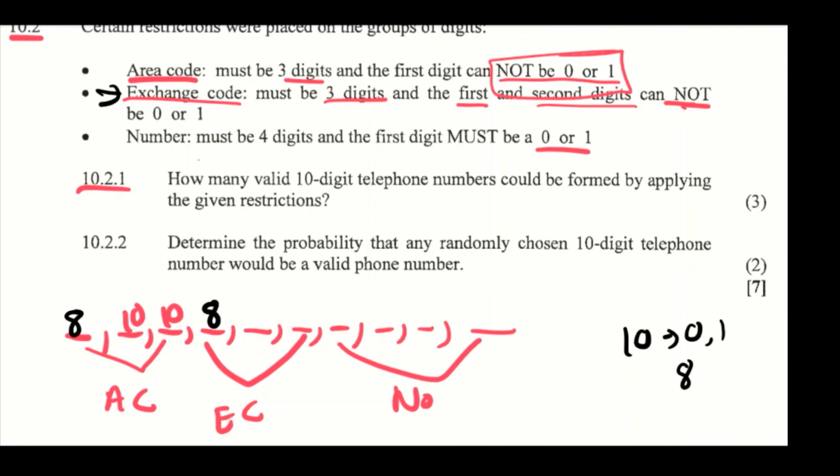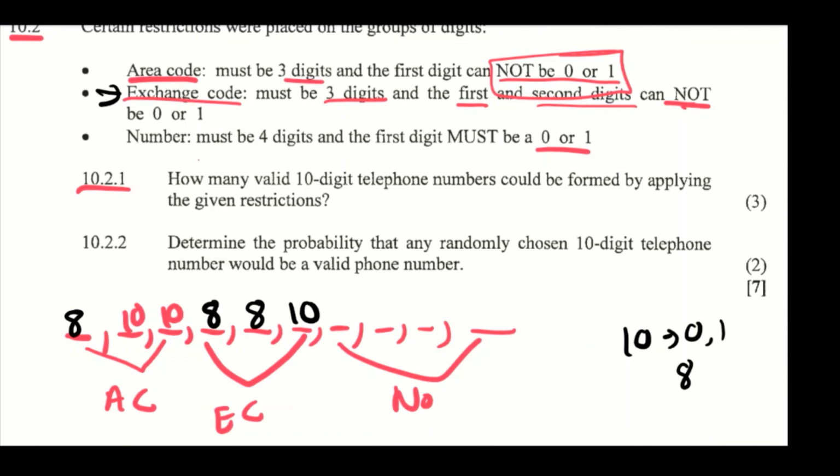And then, if this is 8, then here, because the exchange says that the first and second digits cannot be 0 or 1, this is also 8, and then here it's 10, right?